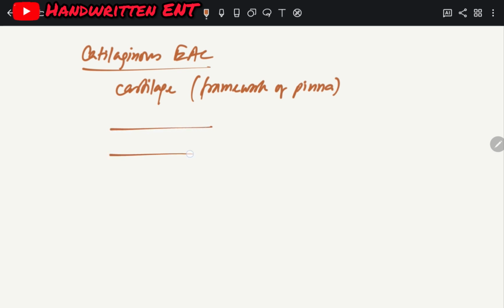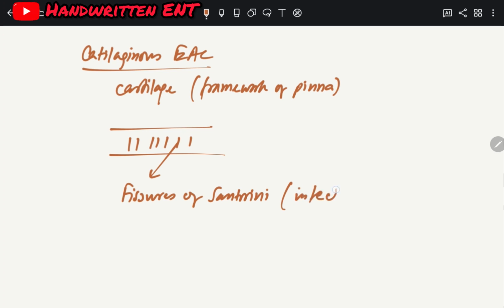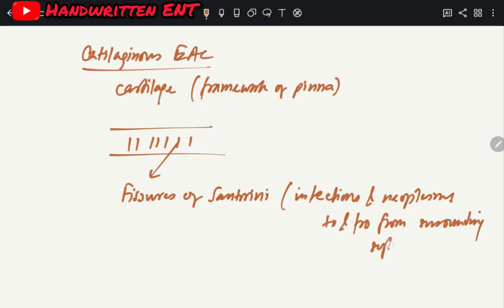So in the floor of the cartilaginous EAC, we see transverse slit-like structures which are known as fissures of Santorini. So basically they provide passages for infections and neoplasms to and fro from surrounding soft tissues.